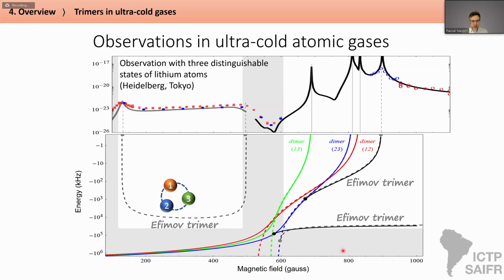So here, this is the magnetic field, and between 600 and 800 Gauss there are resonances for these three pairs: for the pair 1, 3, for the pair 2, 3, and 1, 2. These are the points where a two-body bound state appears for each pair. And around these resonances we have a universal region, indicated by this white area, where the physics is expected to be described by the universal zero-range theory.